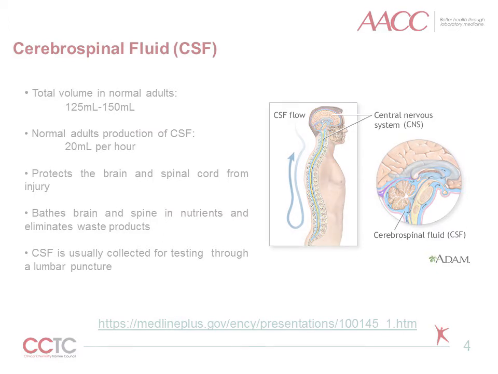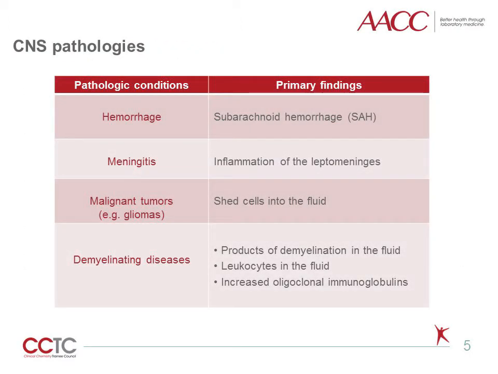and the CSF is collected for testing. Some categories of CNS pathologies detected upon CSF analysis include hemorrhage with red blood cells in the CSF, which may be secondary to hypertensive intracerebral hemorrhage into ventricles, rupture of a berry aneurysm with bleeding into the subarachnoid space, extension of a traumatic hematoma, or bleeding from vascular malformation.